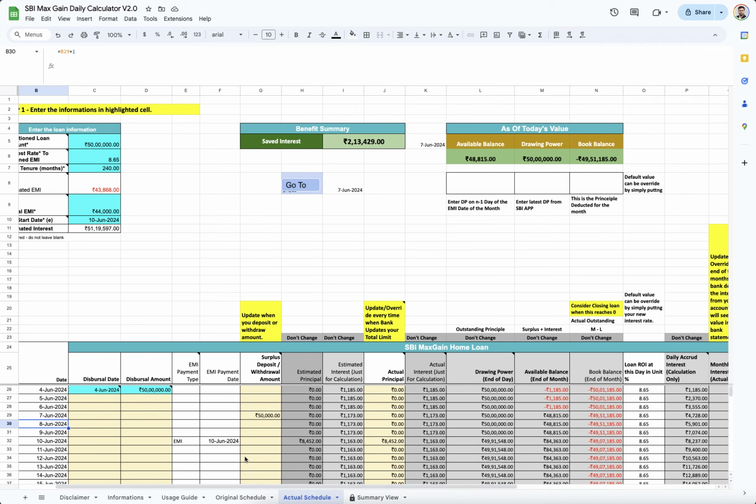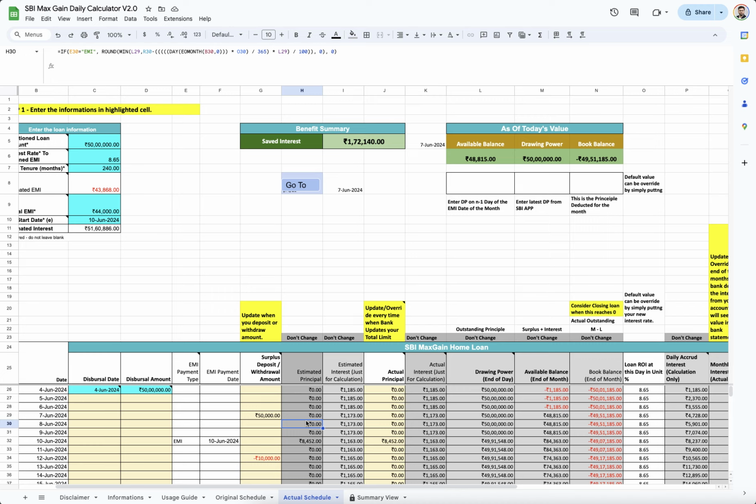Okay. So I'll put some random value to display withdrawal as well. So if you withdraw 10,000 on this date, the effective benefit is this amount in total. Okay.